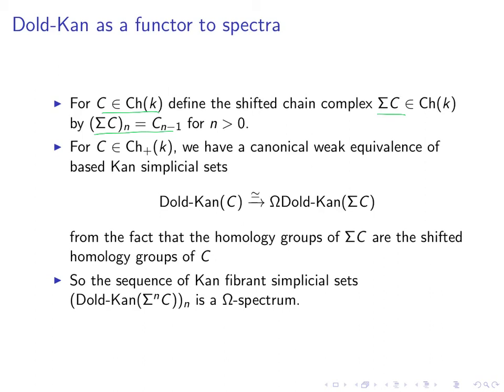For a bounded or non-negatively graded chain complex, we have a canonical weak equivalence between the Dold-Kan of C and the loop space of the Dold-Kan of the suspension, or shift, of C. And that arises from the fact that when you shift a complex, the homology groups are shifted. And so the sequence of fibrant simplicial sets given by Dold-Kan applied to successive shifts of C is an omega spectrum.